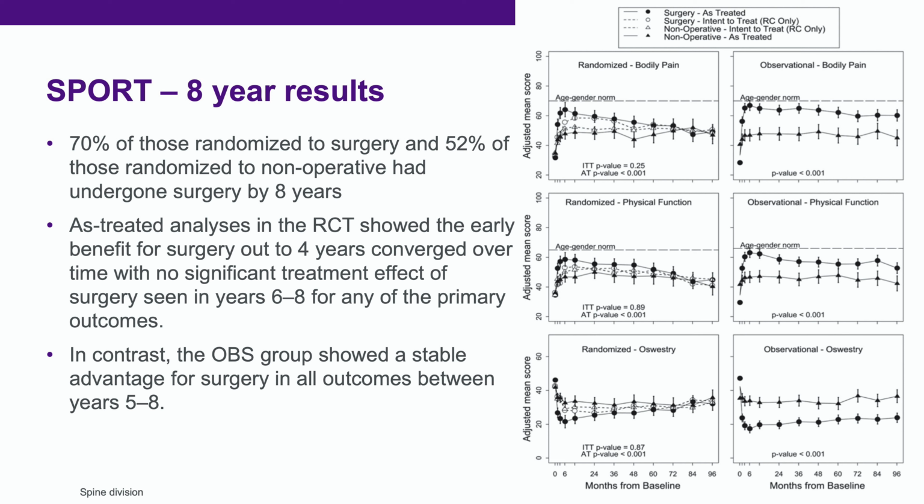When they did the as-treated analysis, they showed early benefit of surgery out to 4 years. But then convergence of the curves, there's not a lot different in the 8-year follow-up. In contrast, the observational group showed a stable advantage for surgery in all outcomes between years 5 and 8. This is the observational group.